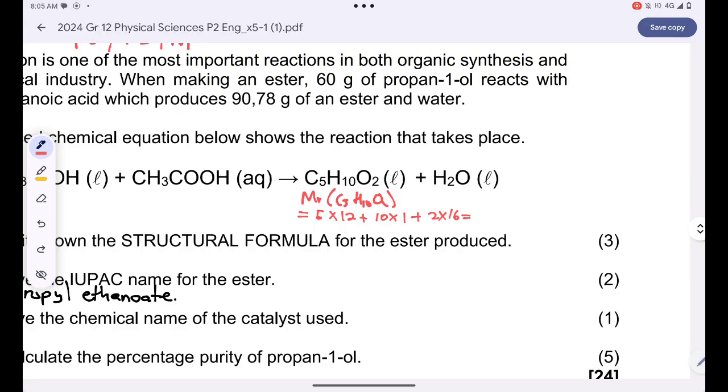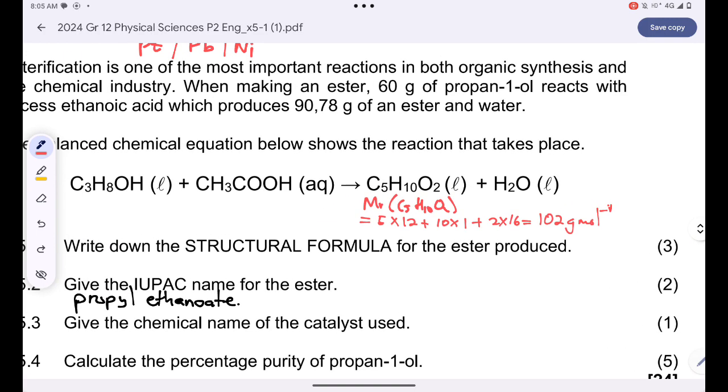So the relative molecular mass for our ester is just 5 times 12 plus 10 times 1 plus 2 times 16. So this is just 102 grams per mole.